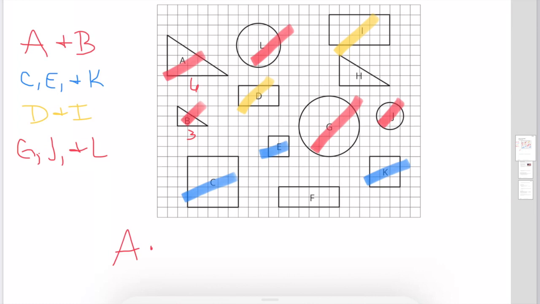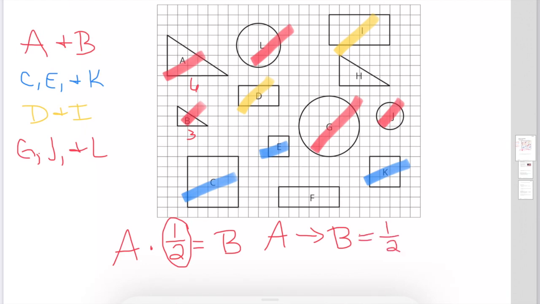So 6 times what is 3? 1/2, I'm sorry. So the scale factor from A to B is 1/2.